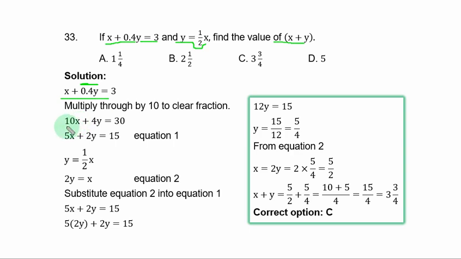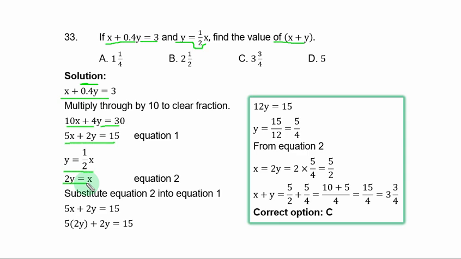So you have 10s plus 4y equal to 30. Divide through by 2. You have this result. Let's call that equation 1. This is the second equation. Multiply through by 2s to clear fraction. You have 2y equal to s. Let's call that equation 2.